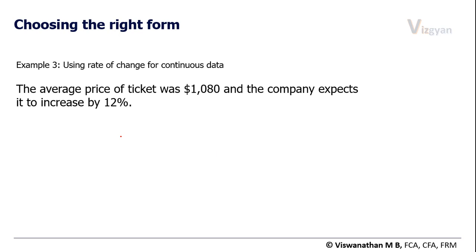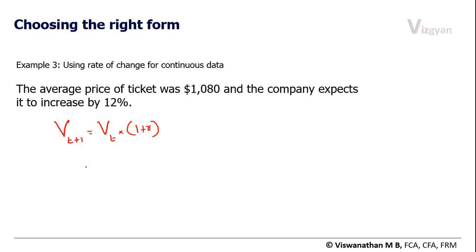Now let's look at continuous data points where we work with rate of change. They have an average ticket price of 1080 and the company expects to increase it by 12%. Now what is the expected ticket price next year? Going with our formula, value at time t plus 1 equals value at time t into 1 plus r.